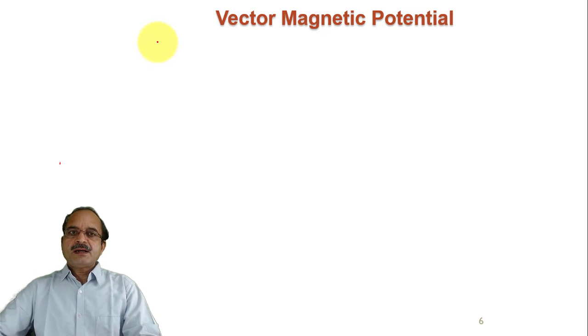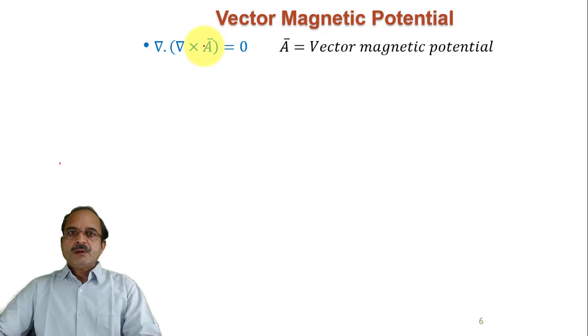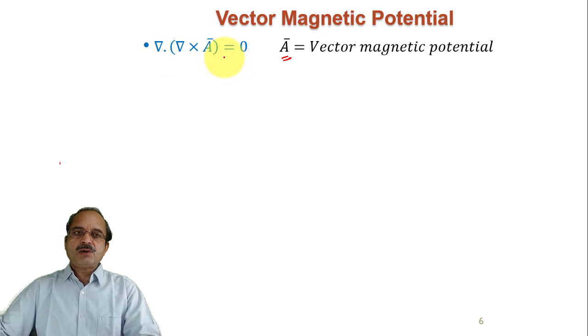Now let us discuss what is vector magnetic potential. If we denote this vector magnetic potential by a symbol vector A, then using the standard identity, for any vector, divergence of curl of that vector must be 0. So that means del dot del cross A is equal to 0. But just now we have seen divergence of B is equal to 0.